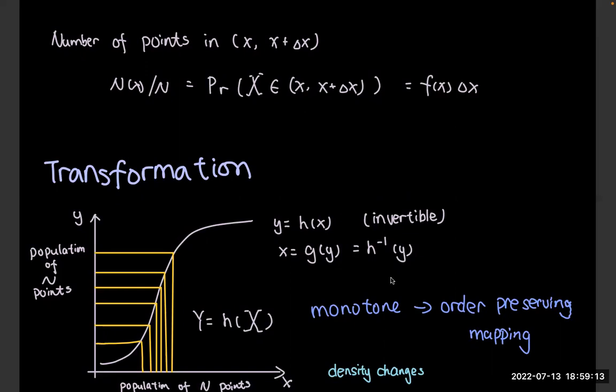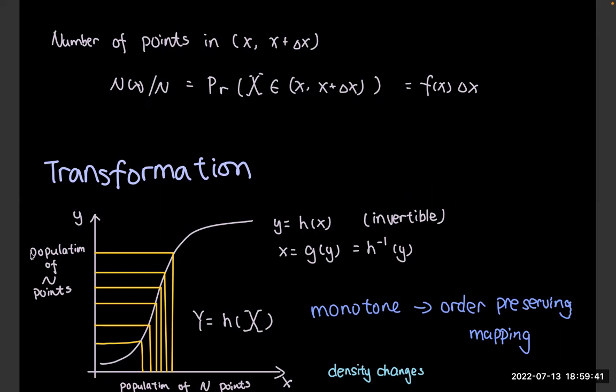If we randomly sample x from these population points, we can also transform x to a y. So y is the transformed value of the randomly sampled x. If you look at the population, the same population of endpoints will be transformed to another population of endpoints. Originally we have the population endpoints on the x-axis.